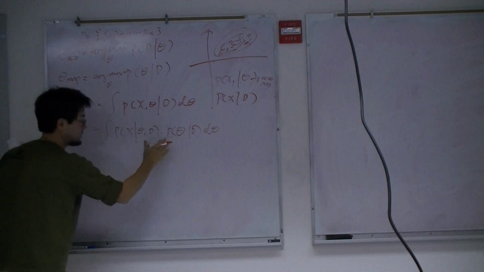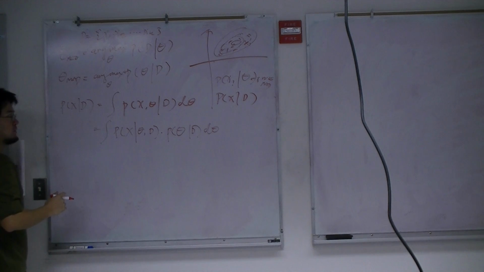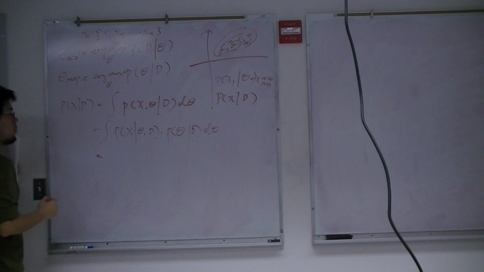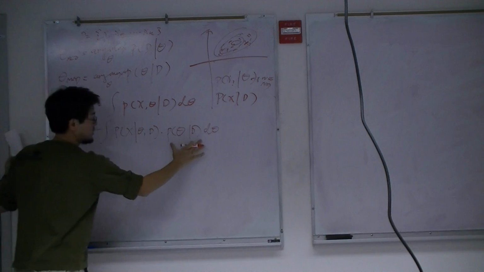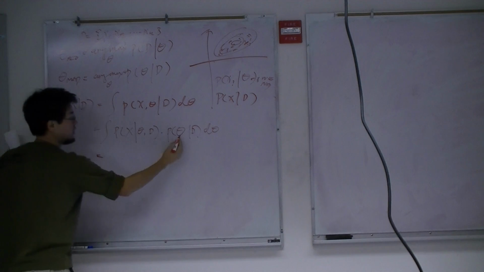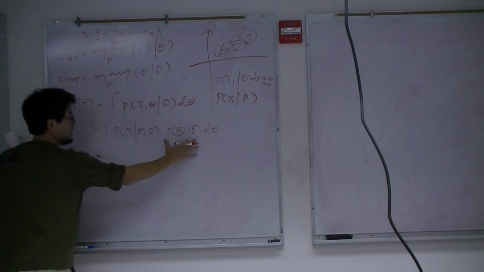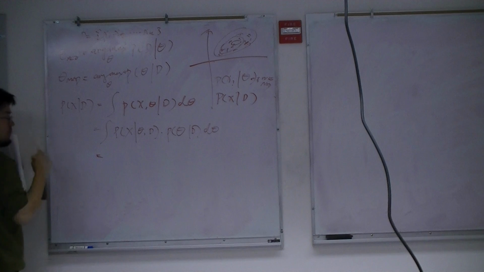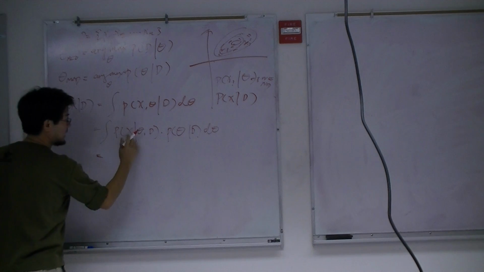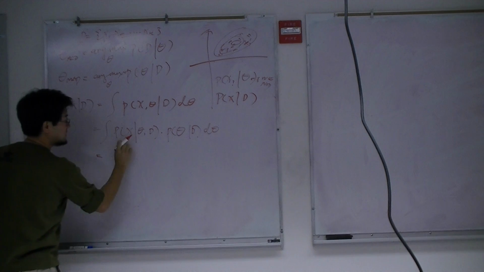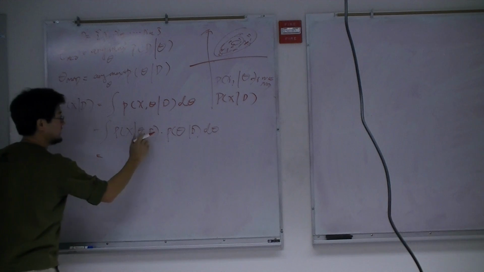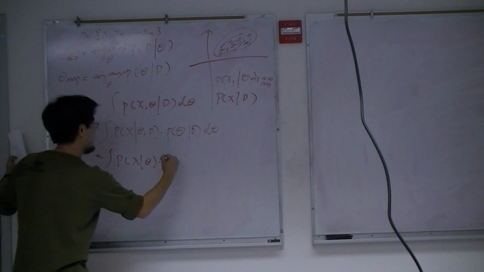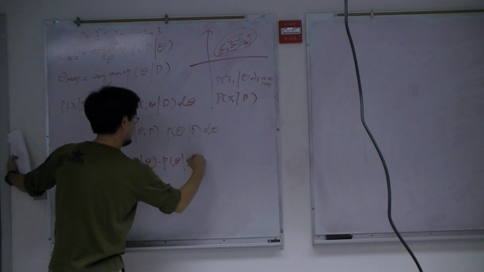This is just the Bayes rule. We can recognize this: p(theta given D) is the posterior distribution of theta given D, which we computed last lecture. And for this one, because given theta, x is independent of D, it can be simplified as p(x given theta) times p(theta given D).